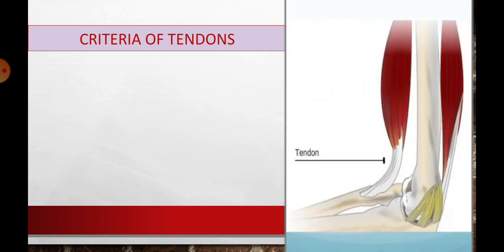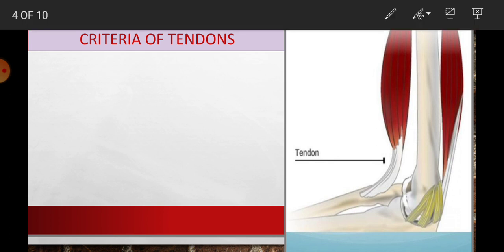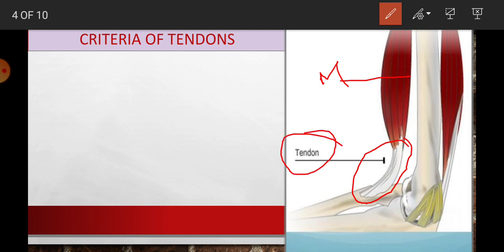Let's know the criteria of tendon. Here you are seeing a tendon. This is muscle, and this part is tendon. This is bone, and muscles are attached to the bone by the tendon.